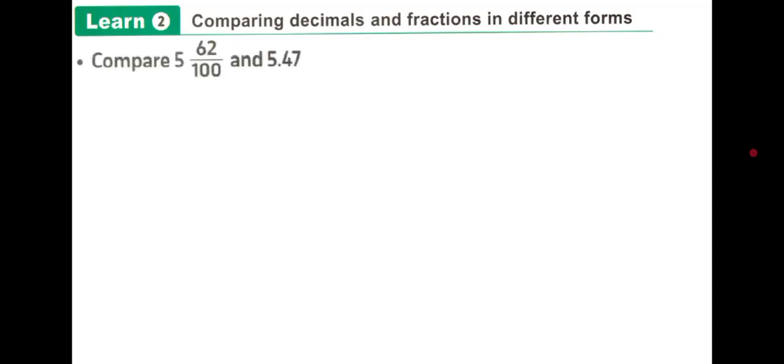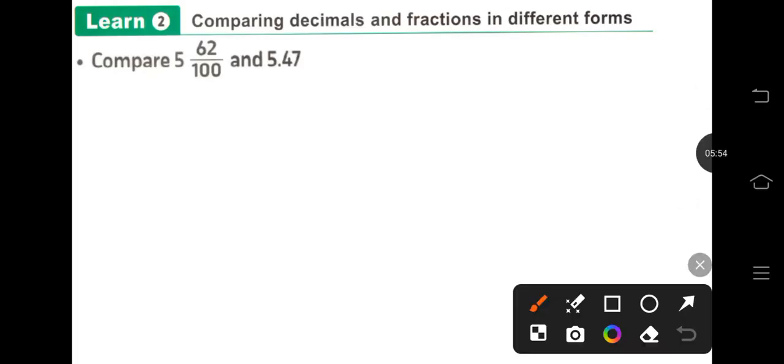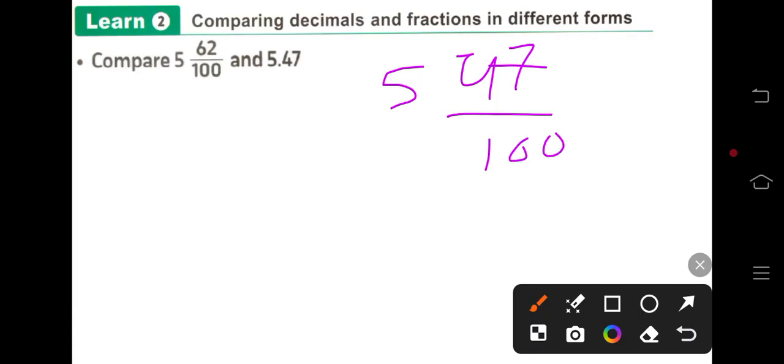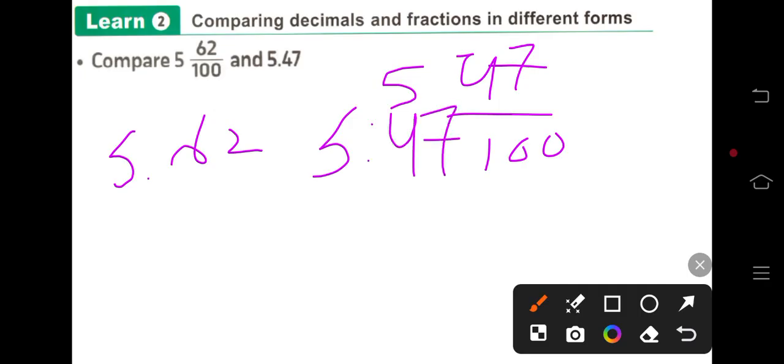We have comparing 5 and 62 over 100 and 5.47 hundredths. You have to convert this number to a decimal. 5.62 and 5.47. 5 and 5, 6 and 4 is greater than.